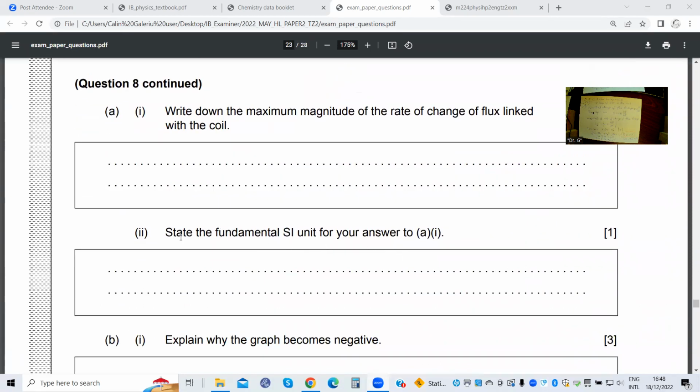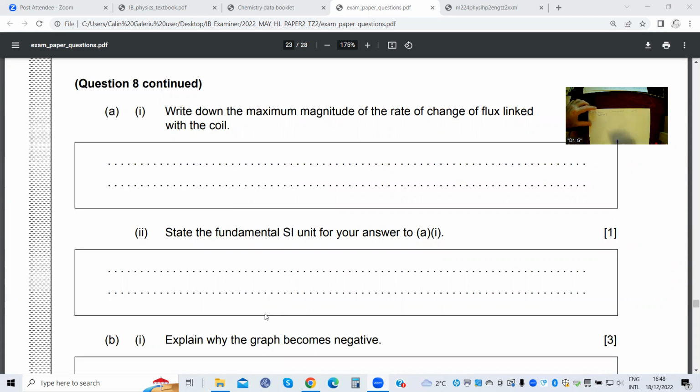Next question. State the fundamental SI unit for your answer to A part 1. Okay. The EMF, which is a voltage, is measured in volts.